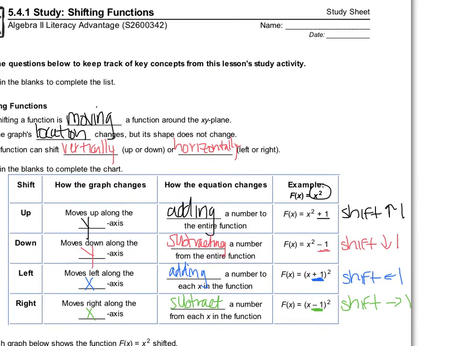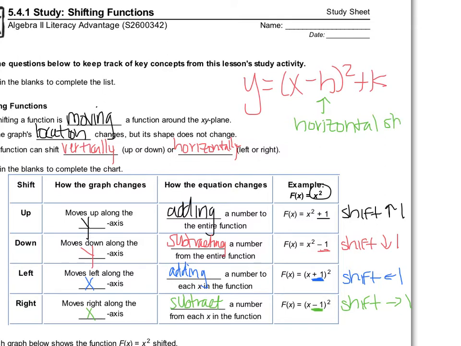So you may want to write this down. If I write the function y equals (x minus h) squared plus k, this h represents the horizontal shift, and it's always the opposite direction of the sign.